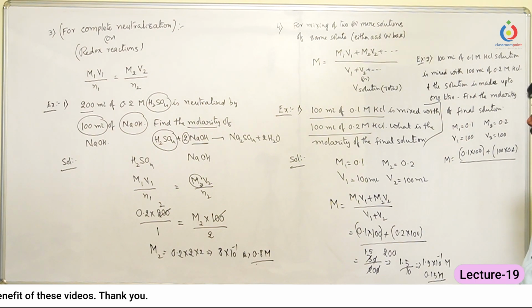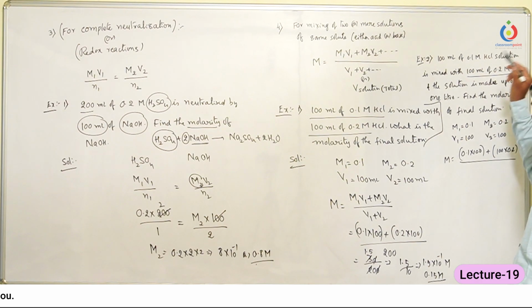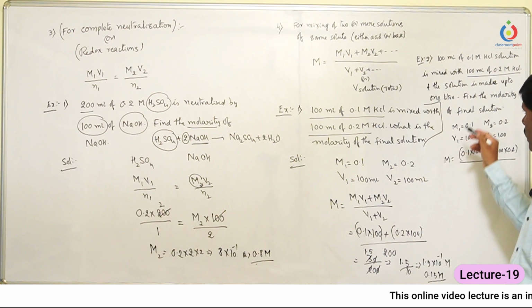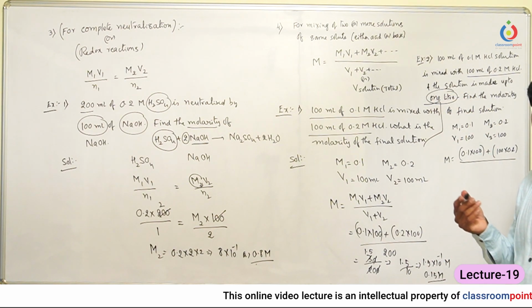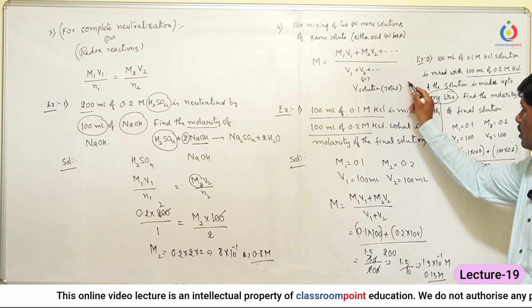We cannot take that. Why? Because the solution is not stopped at this stage. Afterwards, they added some amount of water and made the final solution equal to 1 liter. 1 liter means it is equal to 1000 ml. So we have to take the final volume of the solution, that is 1000.